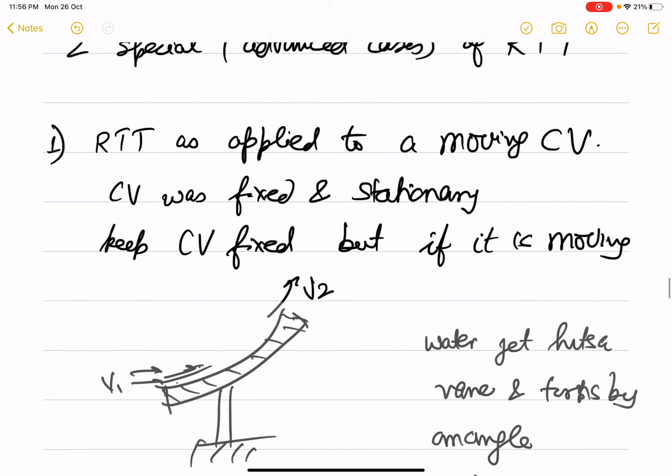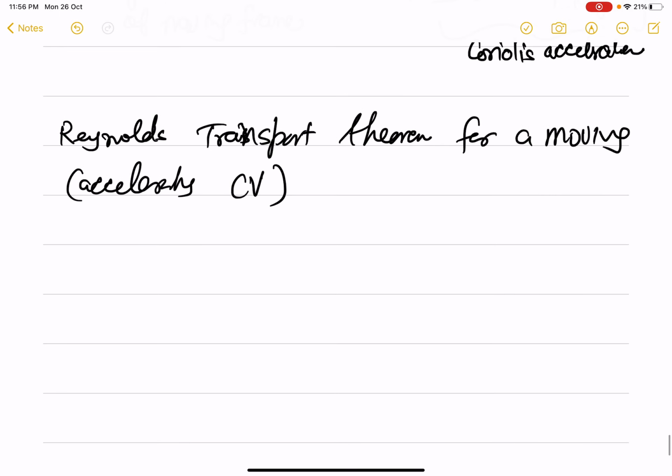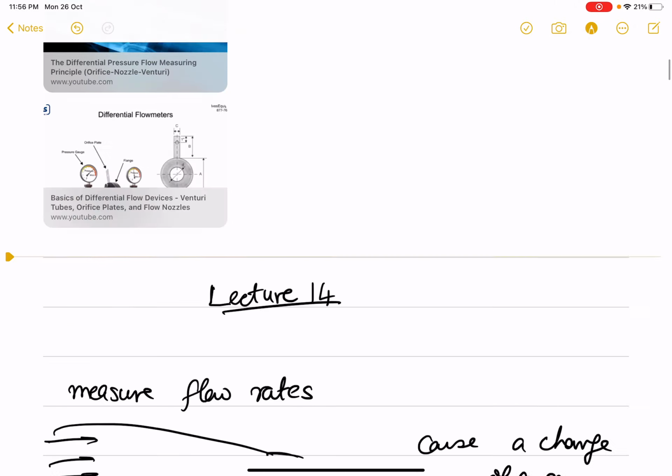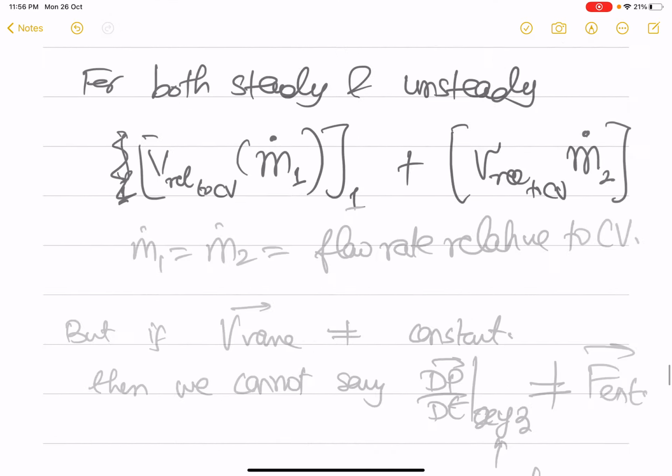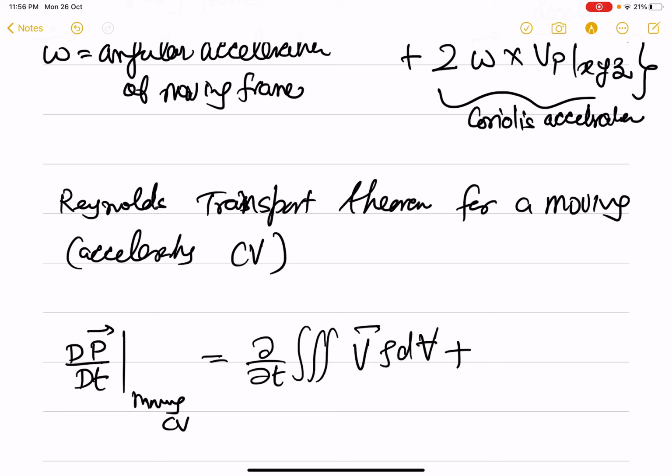The Reynolds transport theorem says for this accelerating control volume, dP by dt for the moving control volume, where P is the momentum, the quantity whose change we consider, so the frame of reference is important, is equal to d by dt of the integral of v rho dV plus the integral of v rho v dot n dA.